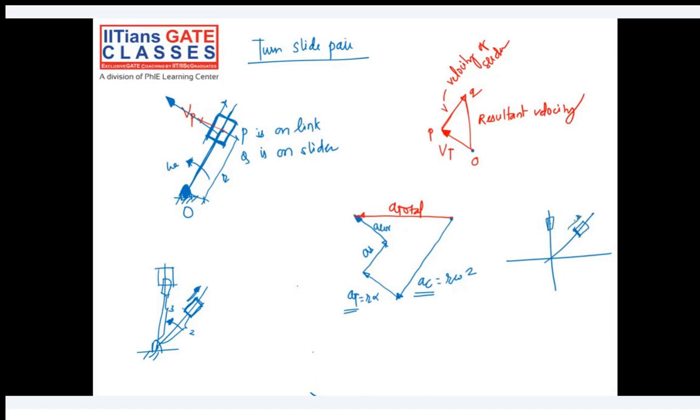Same way here, some acceleration is getting generated because of the combined effect of the acceleration of the slider and the rotation of this link. And that is called the Coriolis component of the acceleration. And write down that Coriolis component.